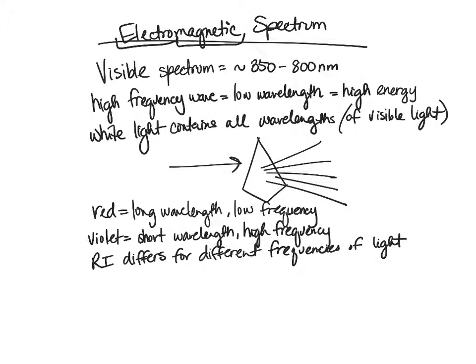So again, the speed of light is different for our different frequencies of light. So the red is going to be moving at a different speed than our violet, for example. And this that I mentioned up here is called dispersion.